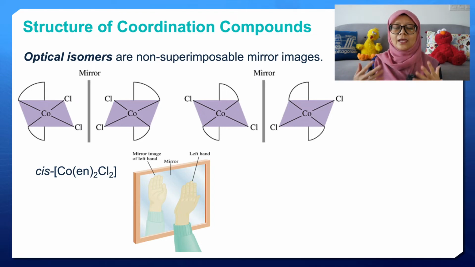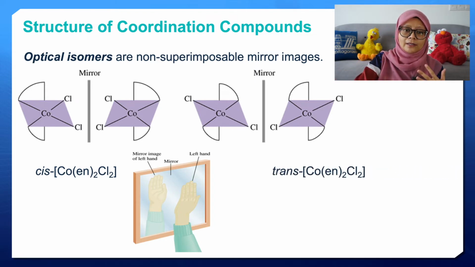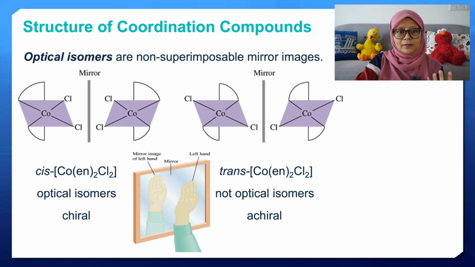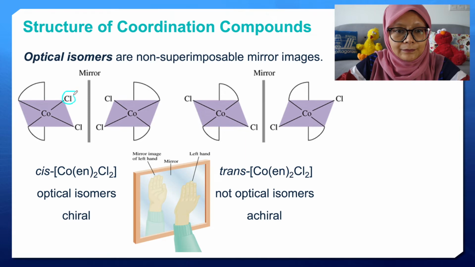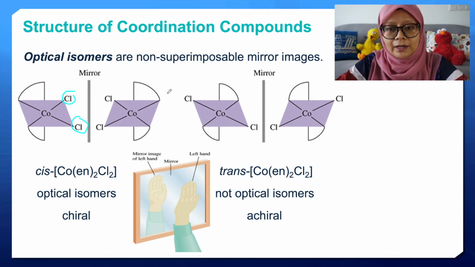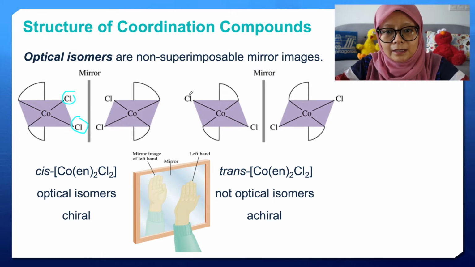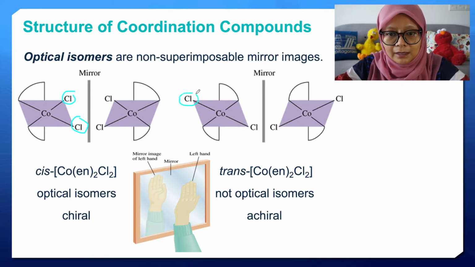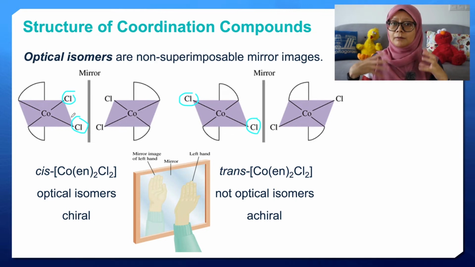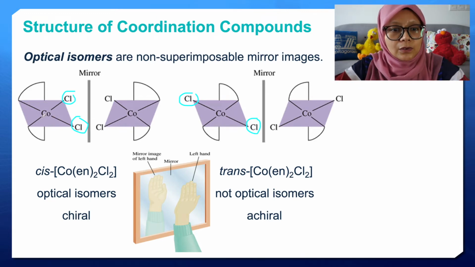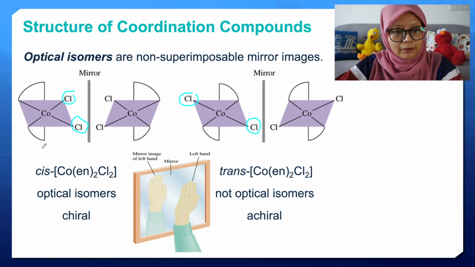In this case, we have cis and also trans. You know from this example that cis has two identical ligands at the same side here, while for the trans, we have ligands on opposite sides, for example here and here. When you draw the mirror images, you need to reflect these compounds.